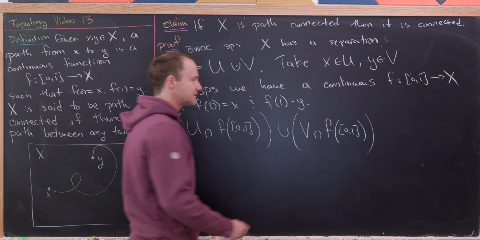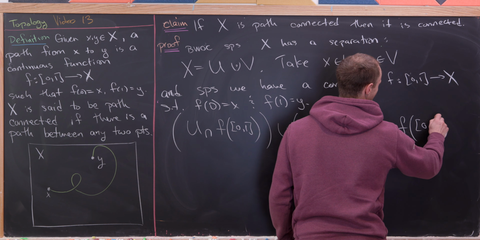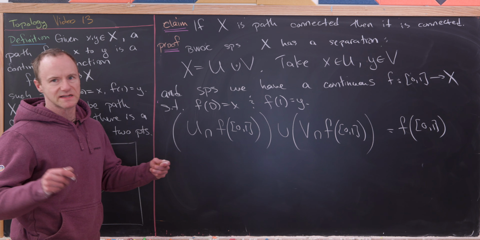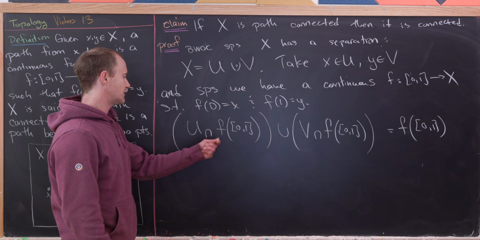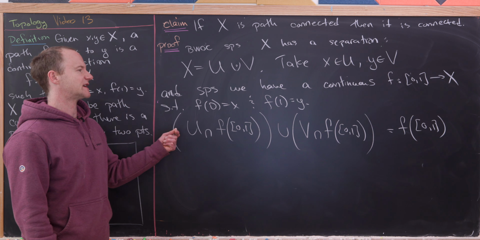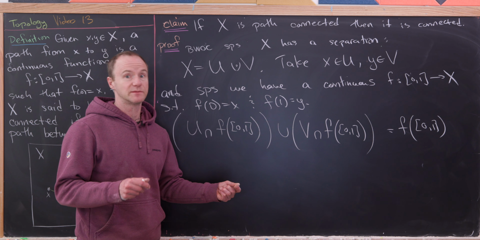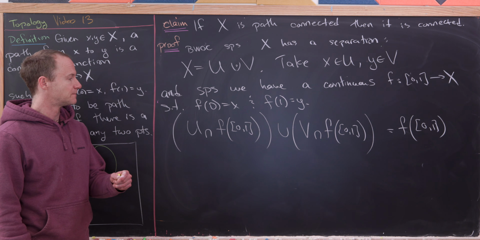Now, let's observe that this is equal to the image of our whole interval, because it's the image of our whole interval intersected with U union V, but U union V is equal to X. So it's like a subspace intersected with the whole space. So anyway, that's going to be the subspace.